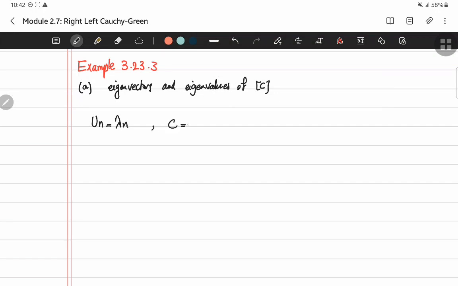And we know that C is equal to U squared. So using these two, I can write U squared n is equal to U lambda n, which I can write as lambda Un because lambda is a scalar. And this U squared is nothing but C. So Cn is equal to lambda Un, and Un is basically lambda n, so lambda squared n.